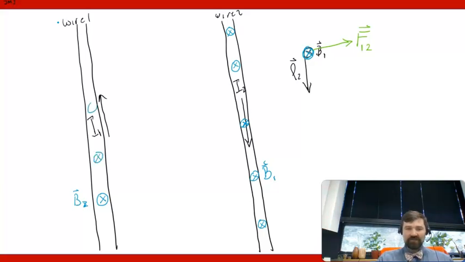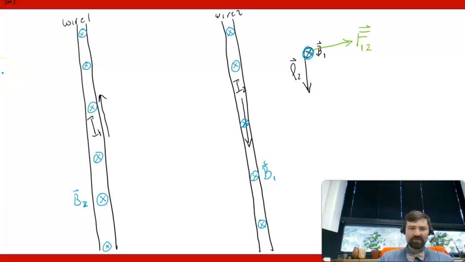It need not have the same magnitude as the field produced by wire 1 at the location of wire 2. In fact, it would only have the same magnitude if these two currents are the same, which they could be, but they need not be. These could be powered by separate sources or something.